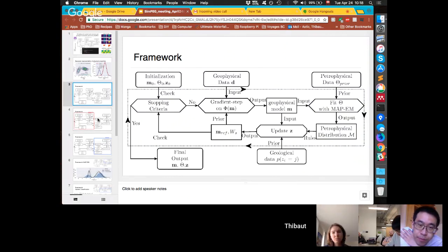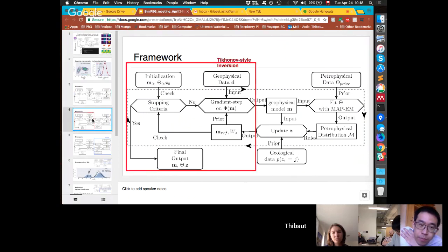As a start, this portion is what we always do: we have some initialization. So m naught is my initial geophysical model. Theta naught is how I represent my petrophysical model. If we have none, the input is just null and it's not going to be used in the inversion.